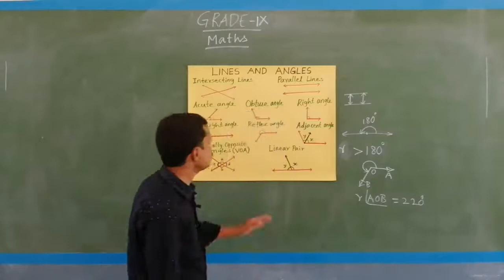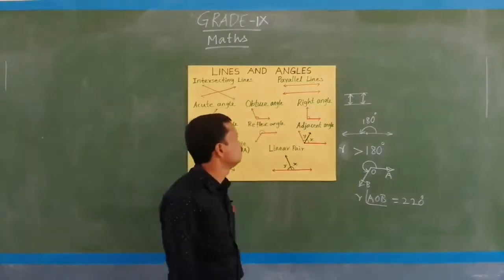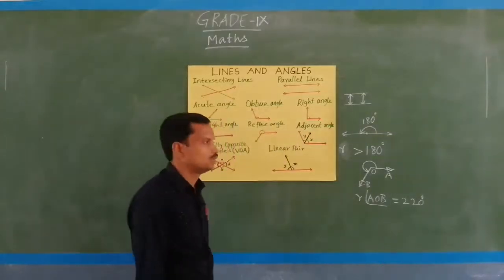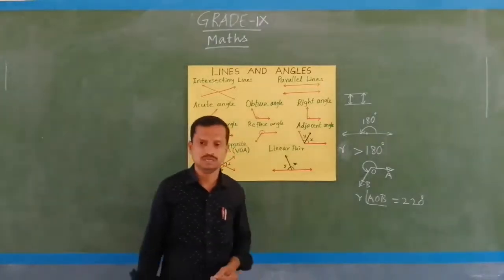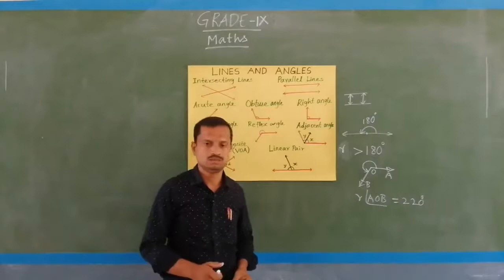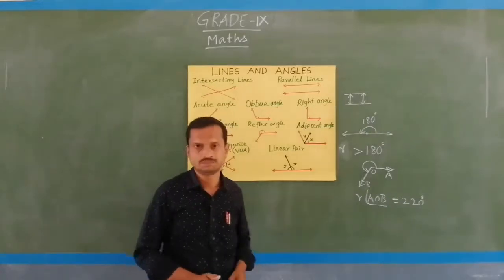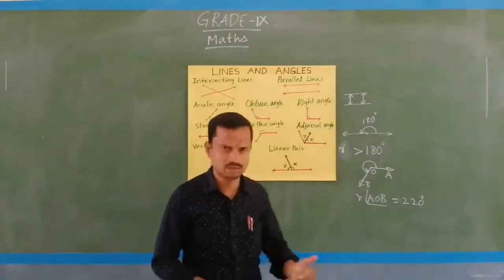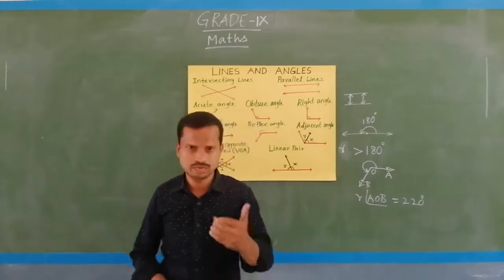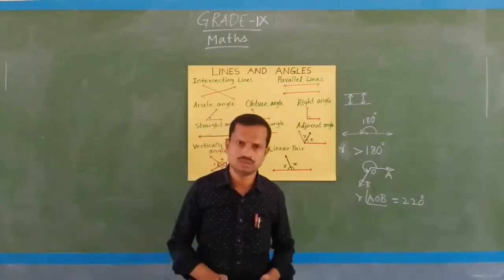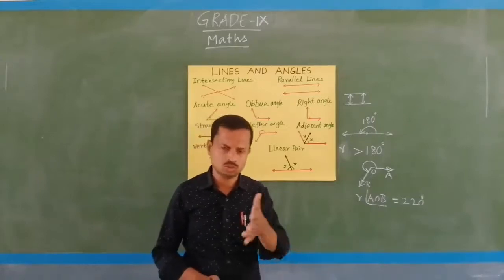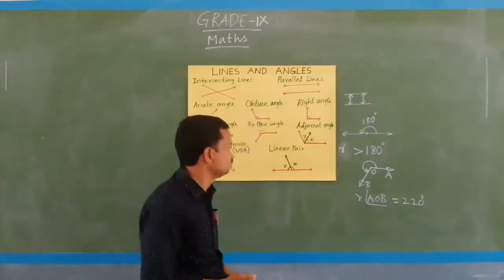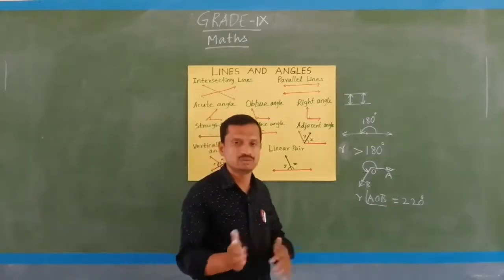And adjacent angle. What is called an adjacent angle? Adjacent means, if two people are sitting closely, we can say one is adjacent to the other. Your neighbor's house is adjacent to your house. So an adjacent angle means a nearby angle.